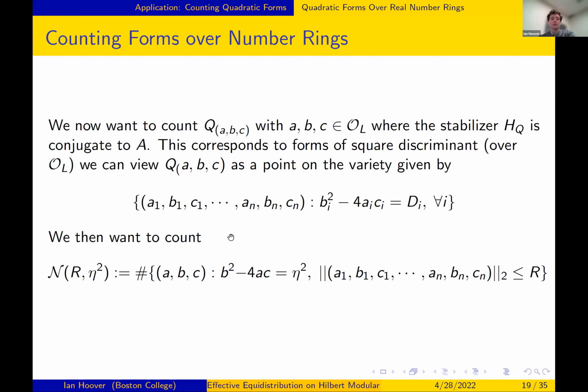What we want to count is, again, how many forms for this discriminant fall within distance R of the origin. But now our distance takes into account every one of the n embeddings.